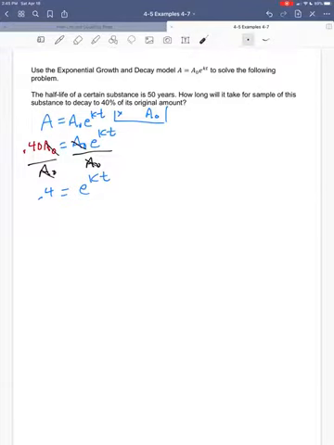What we're going to have to do to figure out that value k is use this information about the half-life. The half-life is the amount of time it takes for the substance to decay to 50% of the original amount. So I'm going to write this model down again, but now I want 50% of the original amount. I want the half-life to pass.